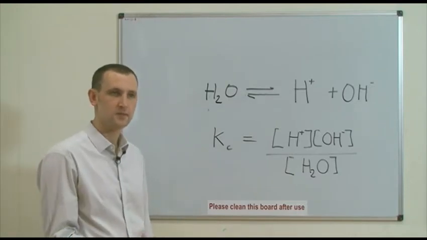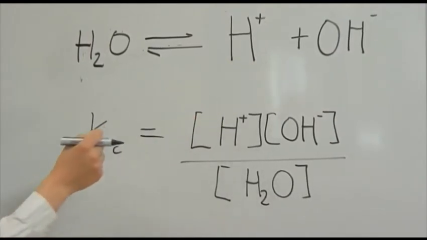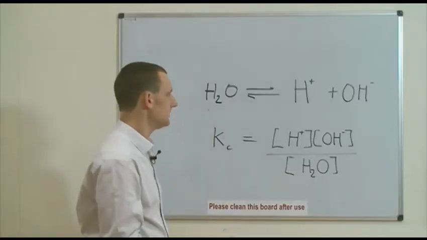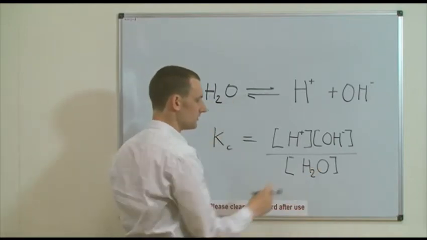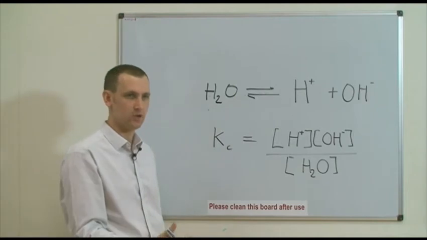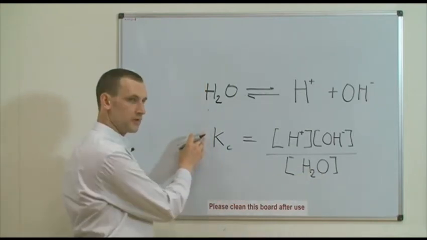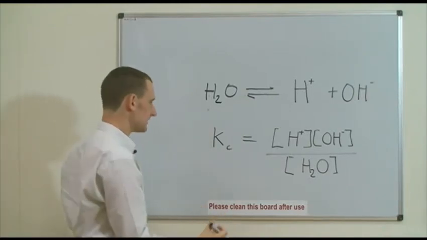We can now make the assumption that such a small number of hydroxide and hydrogen ions are produced that the vast majority remain as water, and therefore the concentration of water remains effectively constant. So we can simplify this, moving the concentration of water here to generate a new constant, Kw.